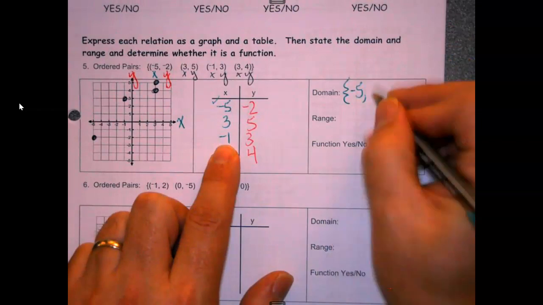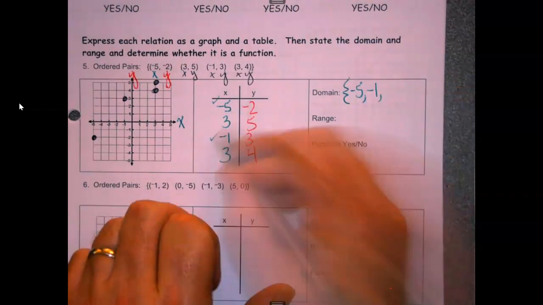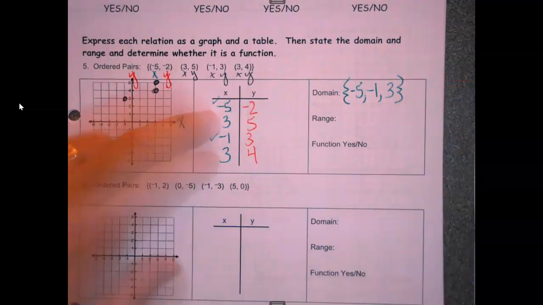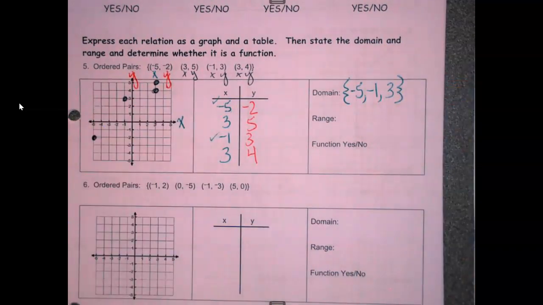And then that's the most negative next. And then 3, I don't have to write it twice, but that's my largest value. That's what I want to end with for my domain. What's that? Technically, it's not right. I'm not going to jump up and down and scream if you write it twice, but technically we should be leaving it just once.